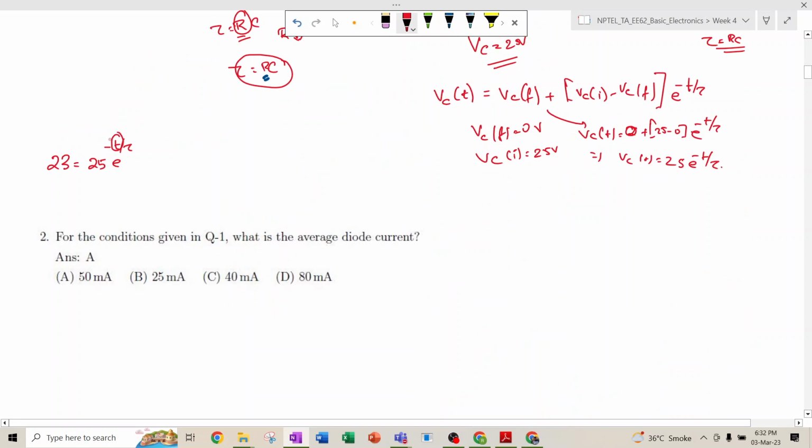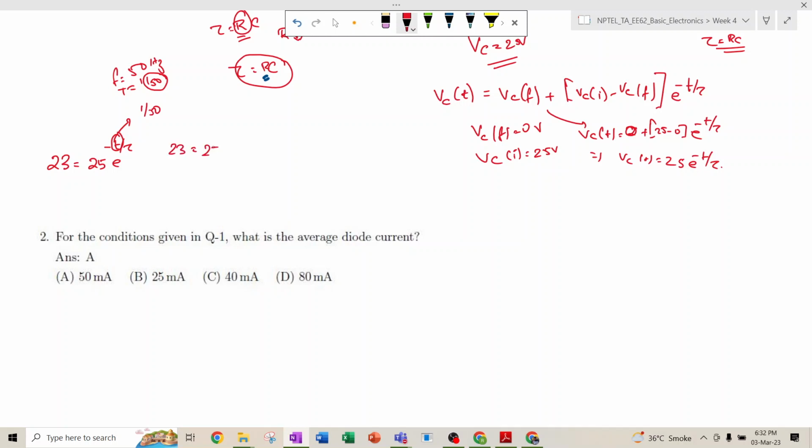So here this t we will replace by 1 by 50. Why 1 by 50? Because the input frequency is 50 megahertz, so the time period will be 1 by 50, and that we will consider as the time period, and this tau is nothing but R into C. So 23 is 25 e to the power minus 1 divided by 50 into R into C. The C value is given in the question, it is 500 microfarad.